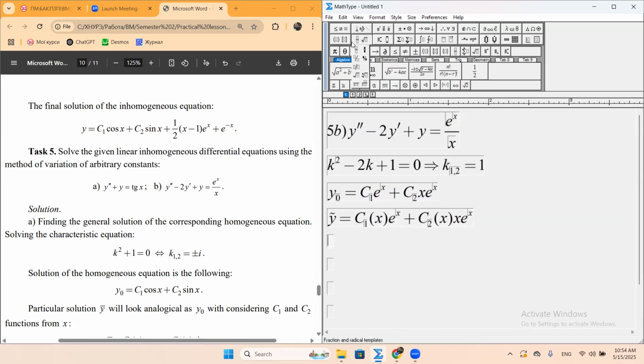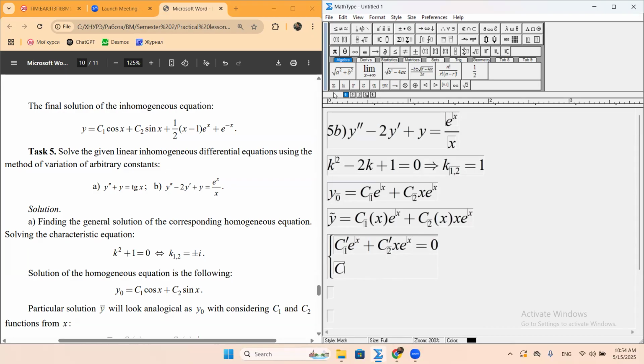So again, writing down the system for C1 and C2. So C1 prime e to the power of x plus C2 prime x e to the power of x equals 0, and then derivatives of y1 and y2.